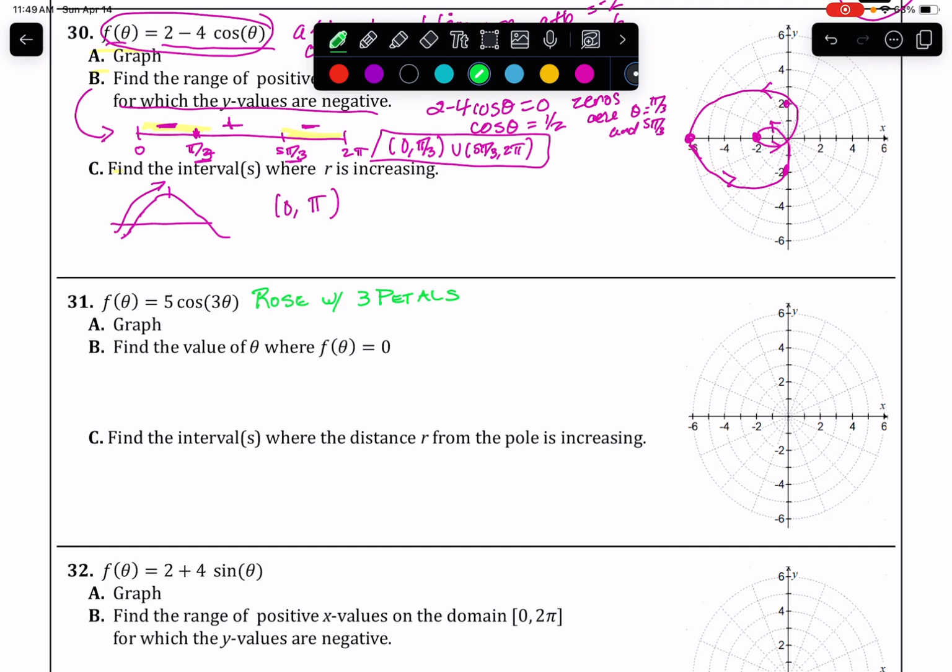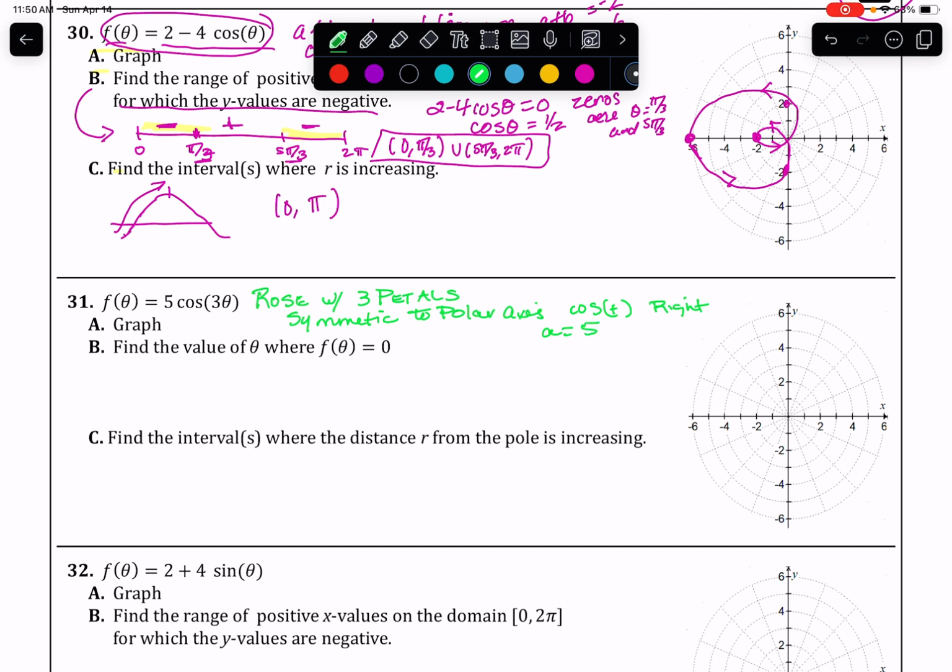All right, and we know that it's symmetric. It's cosine, so symmetric to the polar axis. Cosine is positive, so it would be to the right, starting to the right. And let's see, we have the maximum, A is 5.